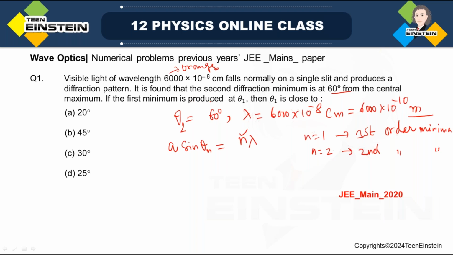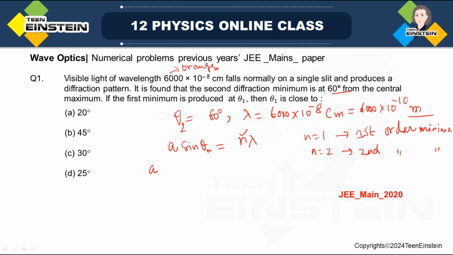In the question you have been asked to find theta 1 for the first order, so n is equal to 1. Lambda is the same, but at what angle with respect to the central maximum will the first minimum occur? For that you need this a, so from the given information we'll first find out what a is.